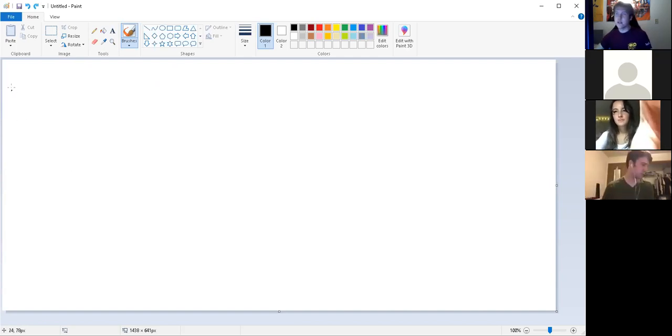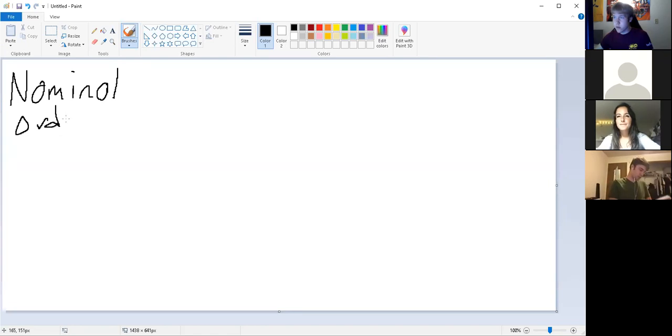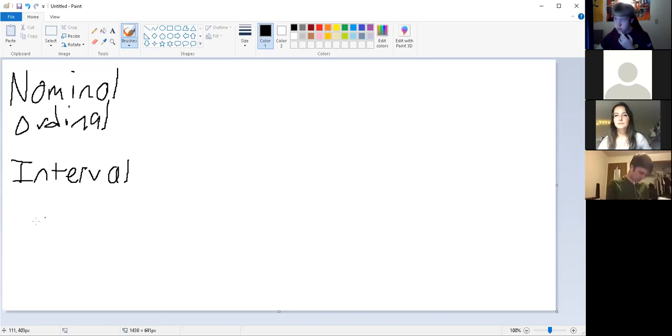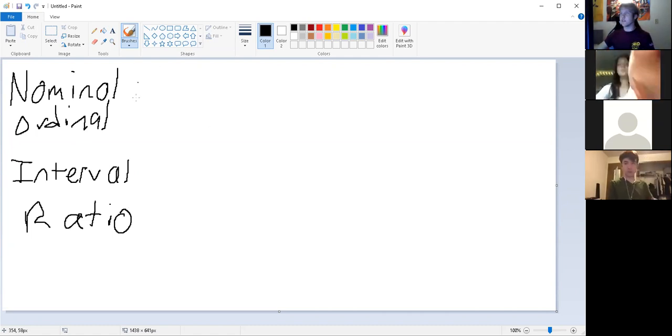So for the four types, I'll write them out here. Nominal, ordinal, interval, and ratio. To remember the differences for these is not super difficult if you just look at the names themselves.